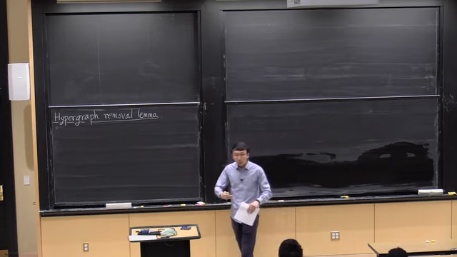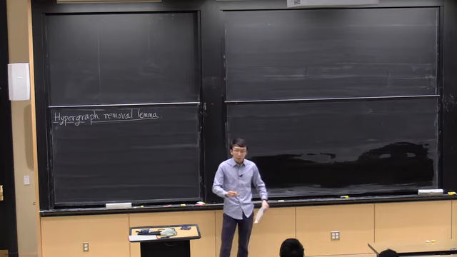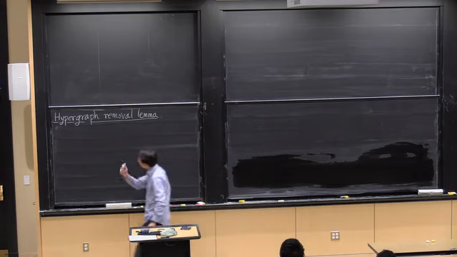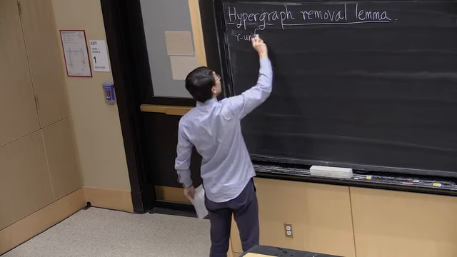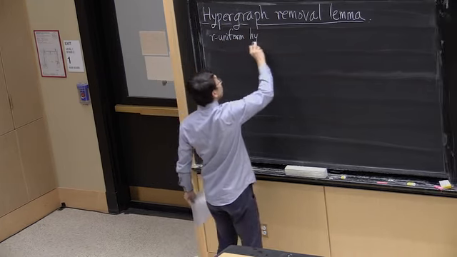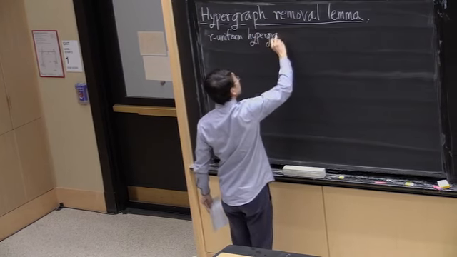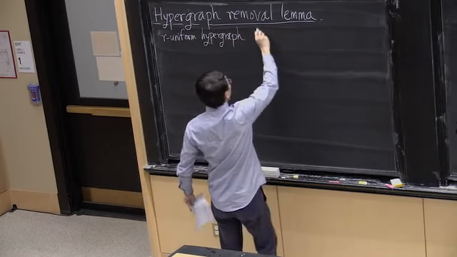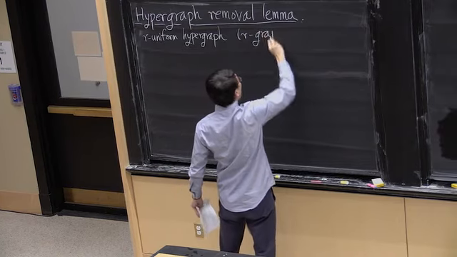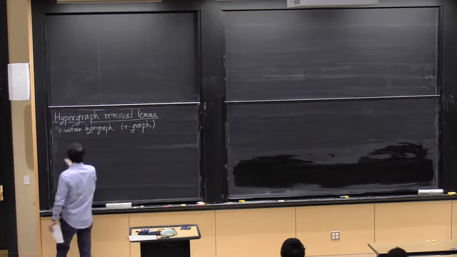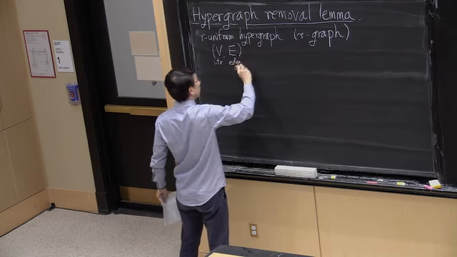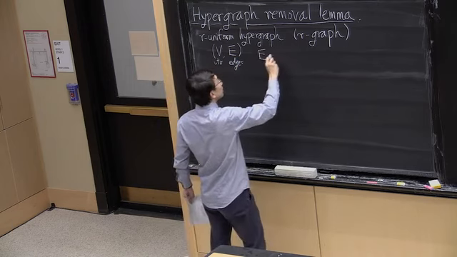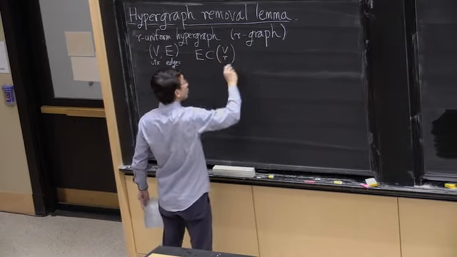And in particular, even in the case of 3 uniform hypergraphs, let's set some terminology. So an r uniform hypergraph, or simply abbreviated as an r-graph, consists of a vertex set and an edge set, where the edge set consists of r-tuples.